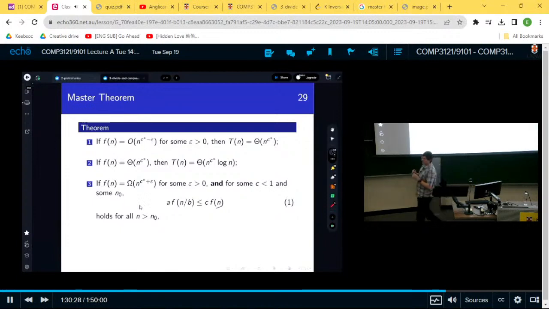Okay, so these are the three cases of the master theorem. Either the running time is dominated by the size of the tree, or, in case f(n) is more or less equal to the size of the tree, there's this additional multiplicative log n factor.